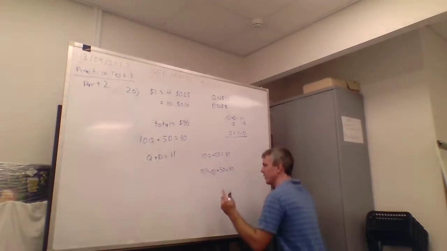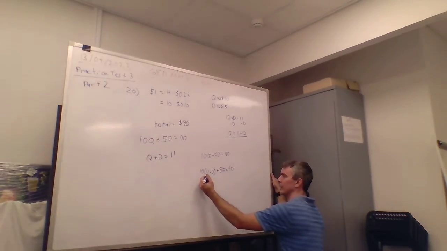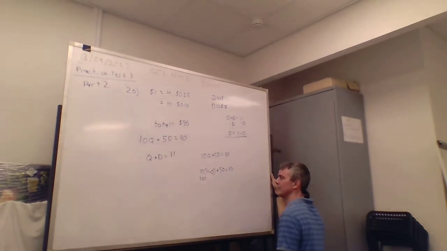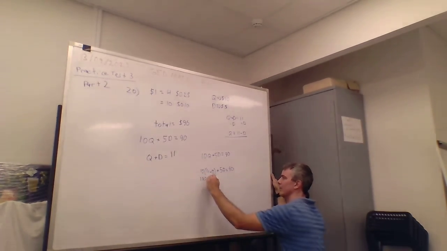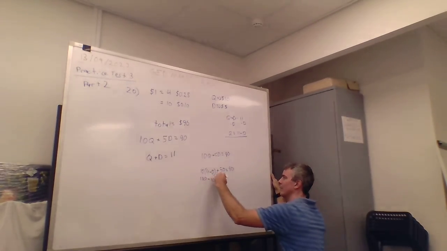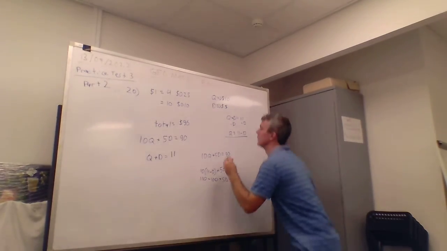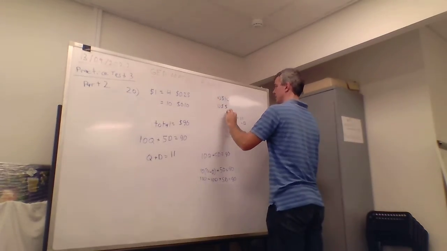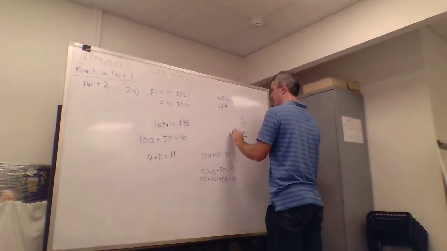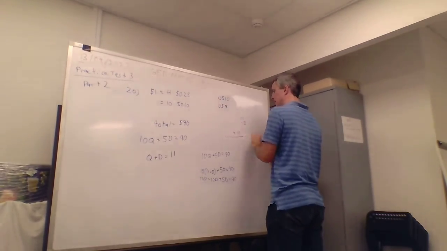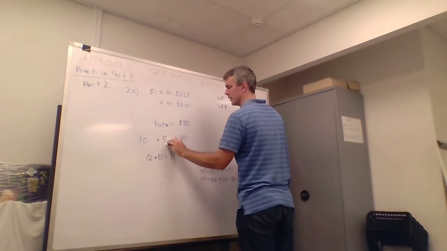Okay, so let's do this. 10 times 11 is what? 110. That's right. 10 times minus D is minus 10D, plus 5D equals 90. You know what, my D's are kind of hard to tell from other numbers, so let me put them as lowercase.